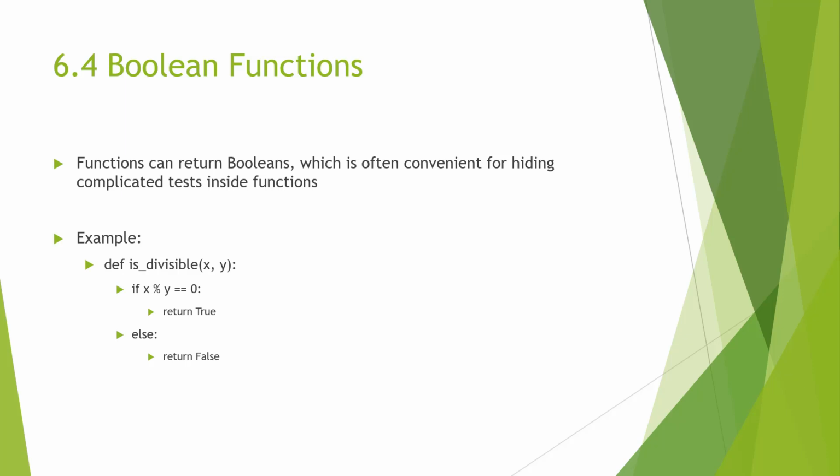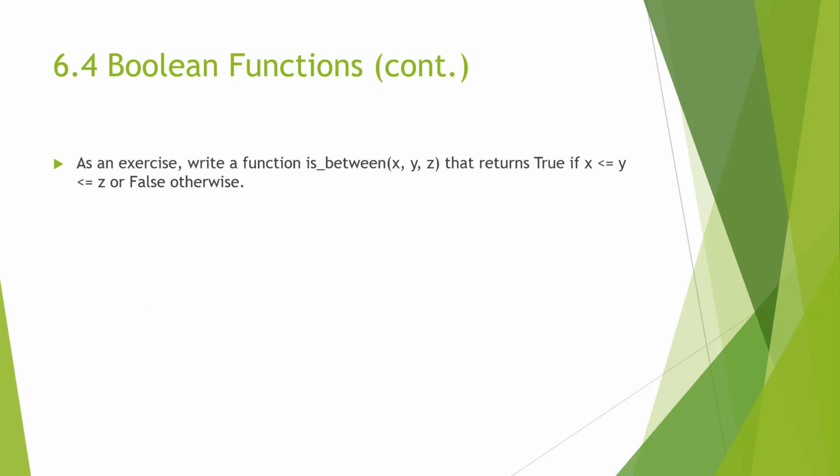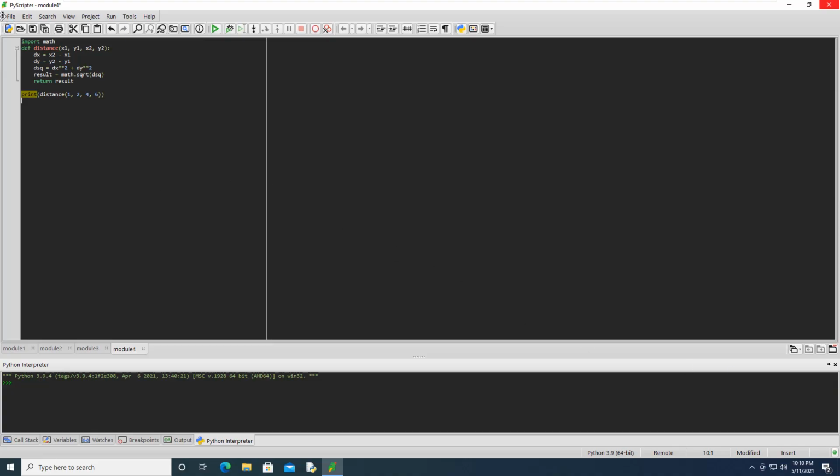It does not want to go to the next screen. There it goes. So as an exercise, write a function with three variables that returns true if x is less than or equal to y and false otherwise. So we're looking for x less than or equal to y, which is also less than or equal to z. All right, so I'm going to start a new program.